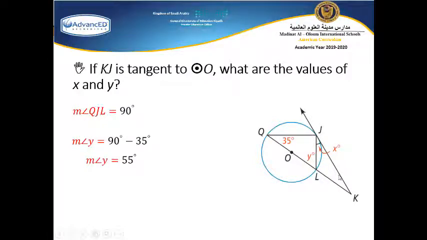Here we have a tangent, as we see in the given. KJ is tangent at the point J, and we have chord JL.